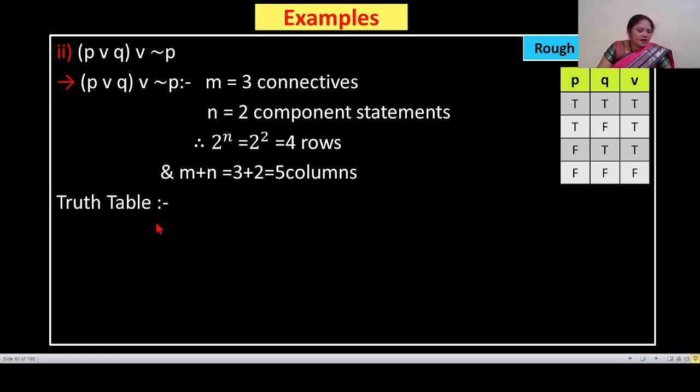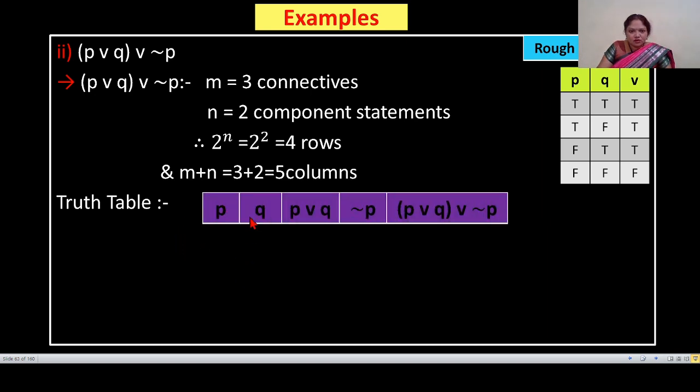In the truth table of this statement pattern, there are 4 rows and 5 columns, and P and Q are the main statements. Therefore, the first column is P, the second column is Q in the truth table.